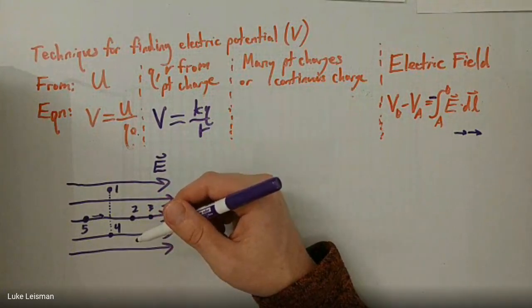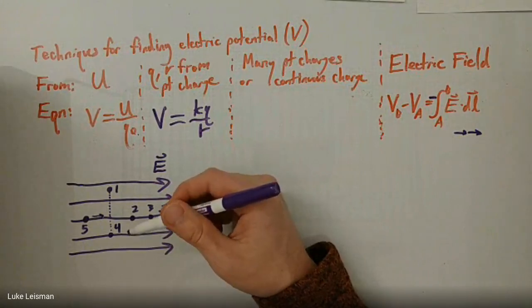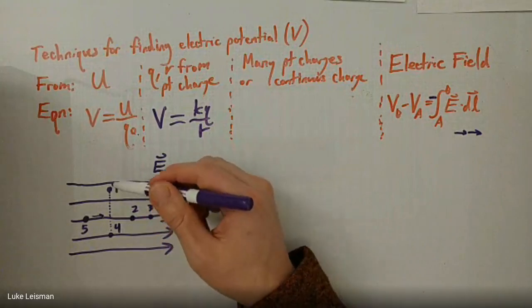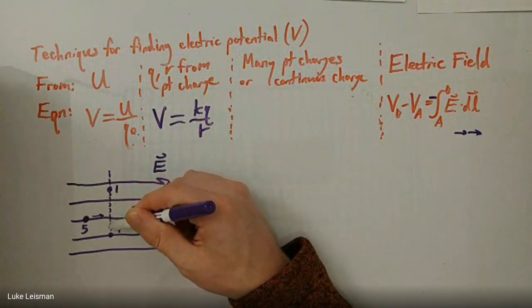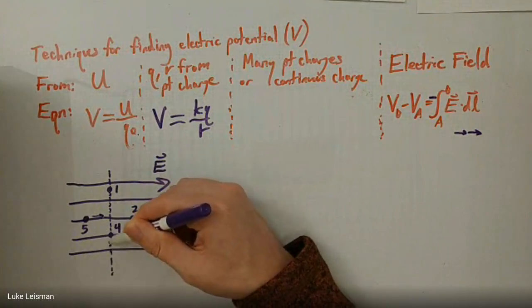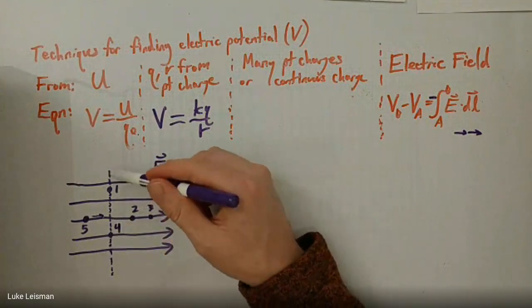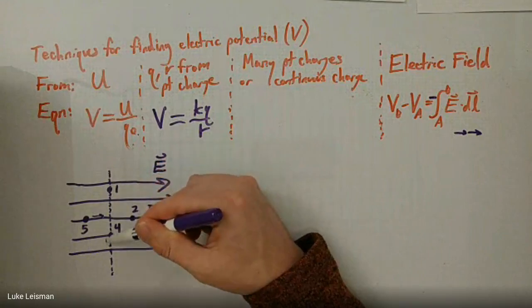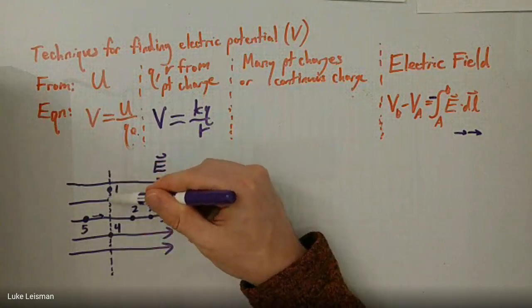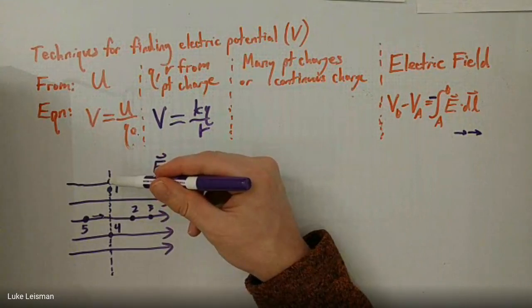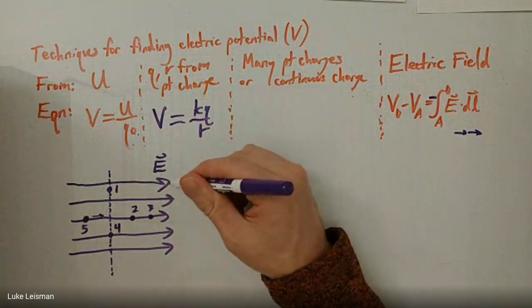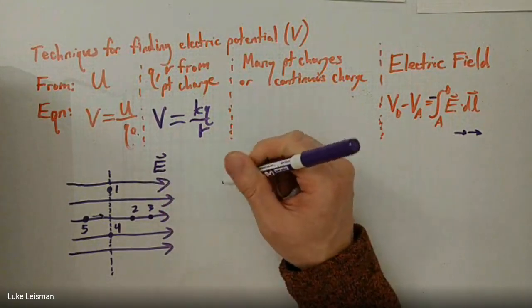There's a concept that comes up sometimes where people will talk about equipotential surfaces. And an equipotential surface is just any region where you have the same amount of potential. So anywhere along this line here would be an equipotential surface. You could think of it like a contour line on a map of height. Contour lines would show a bunch of spots on a hill that are all the same height.